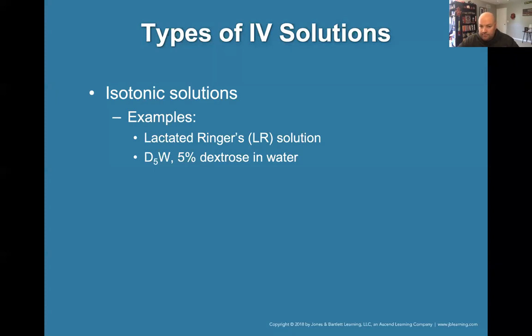Any questions on that? Yeah, I have a question. In the book, it says it's a hypotonic solution. That what? It's 5% dextrose in water. Really? On page 693. That's a really good point.